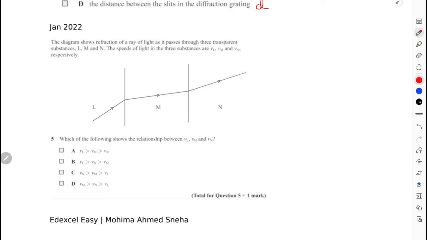Okay, now we can clearly understand. Let's first draw our normal over here for a better understanding. Always remember that in a high dense medium, your waves will be refracted towards the normal, and in a low dense medium, they will be refracted away from the normal.